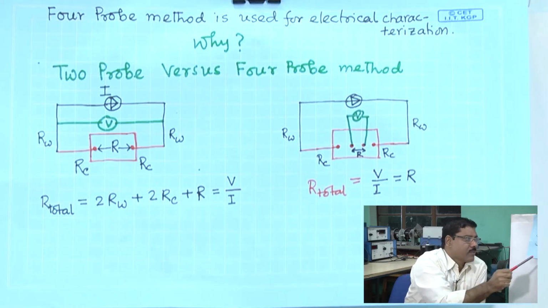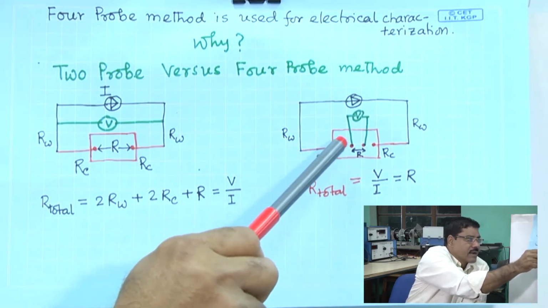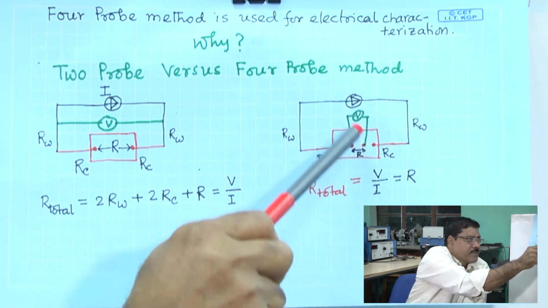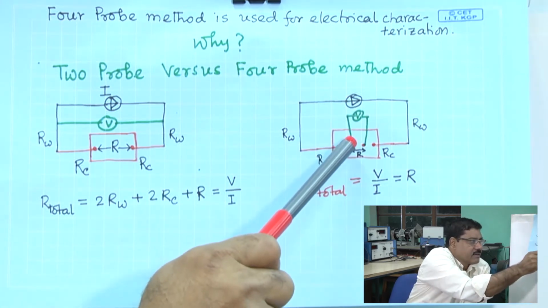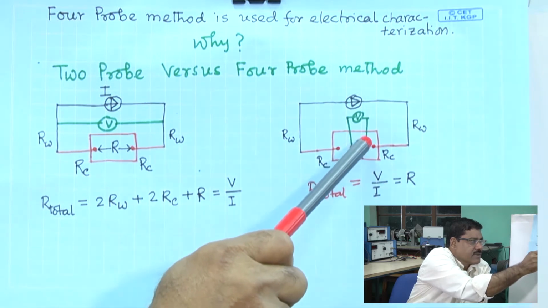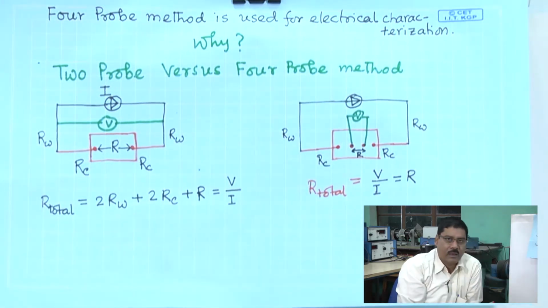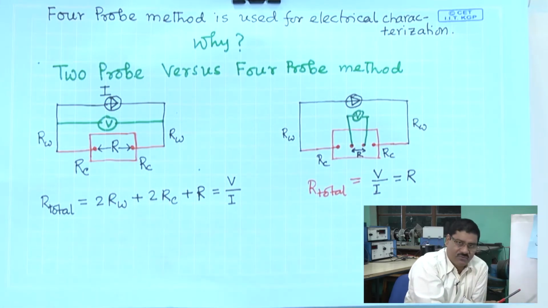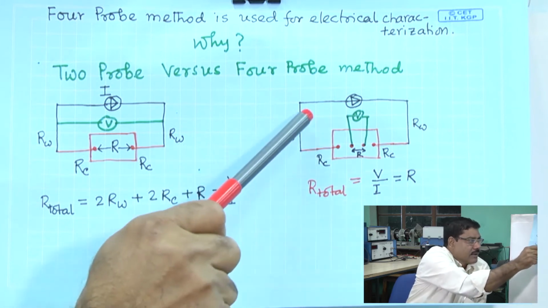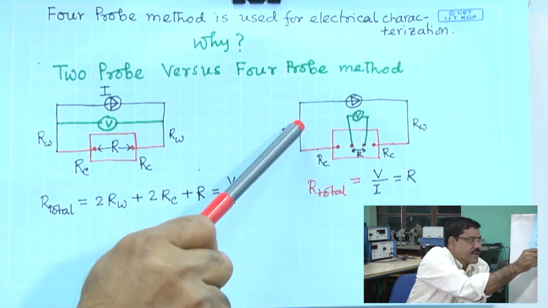Now, look at the measurement of voltage. We have taken the connection between these 2 points. Now, voltage drop across the resistance. Here, what is the resistance? Wire resistance.